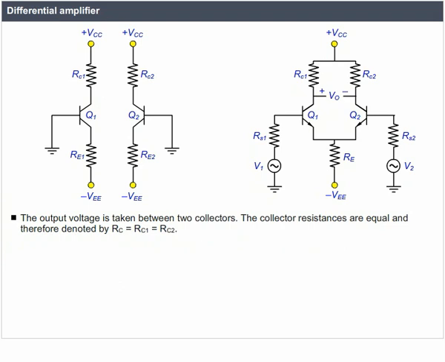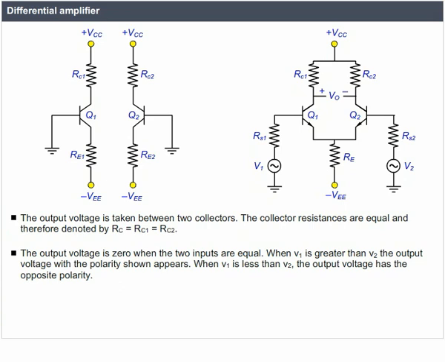The collector resistances are equal and therefore denoted by RC = RC1 = RC2. The output voltage is 0 when the two inputs are equal. When V1 is greater than V2, the output voltage of the polarity shown appears. When V1 is less than V2, the output voltage has the opposite polarity.